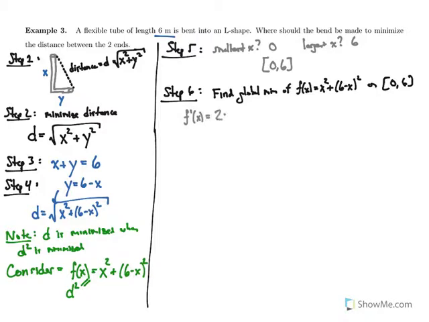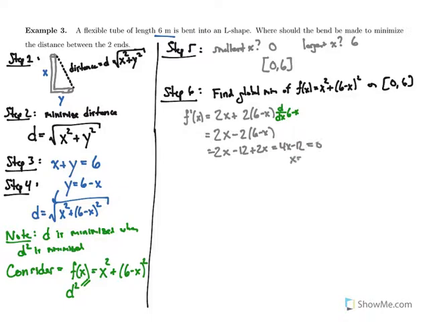That's going to be 2x plus, chain rule, 2 times (6 minus x) times the derivative of 6 minus x, which is going to give us 2x minus 2 times (6 minus x).